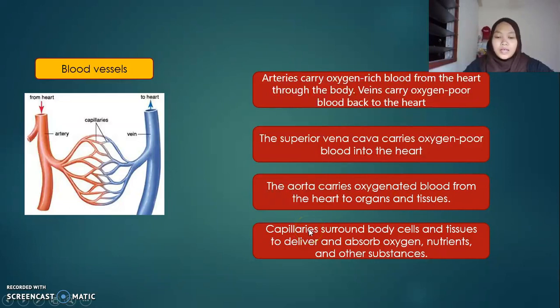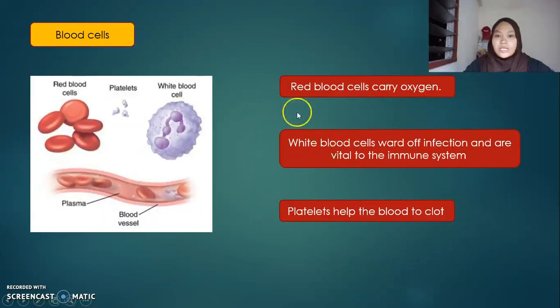Capillaries surround body cells and tissues to deliver and absorb oxygen, nutrients, and other substances. The last part involved in the circulatory system is blood cells.